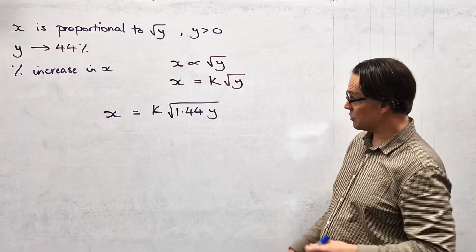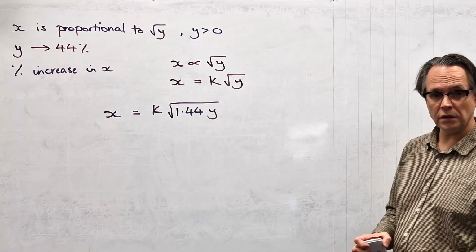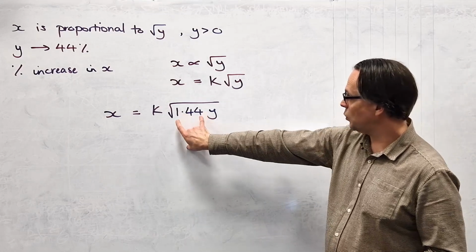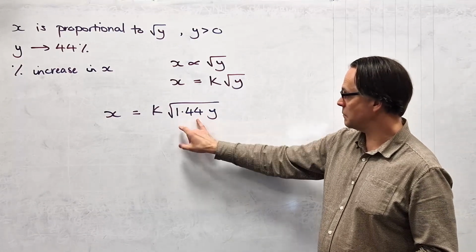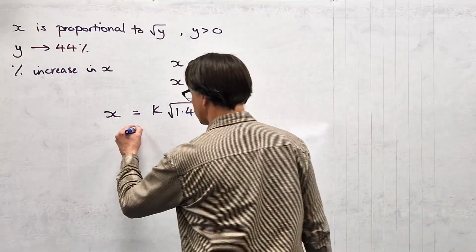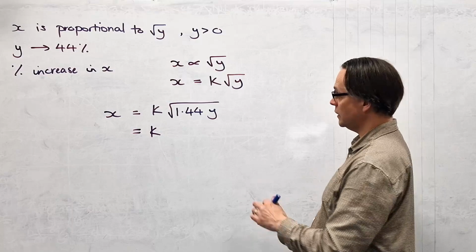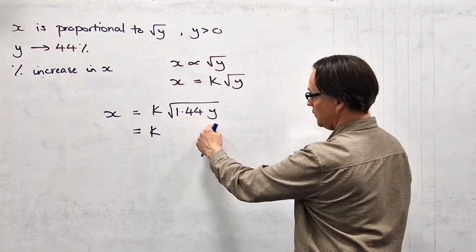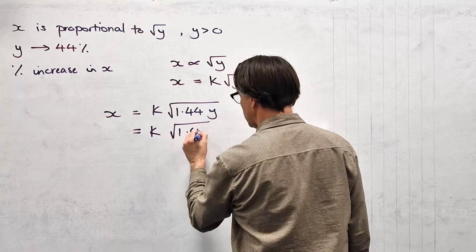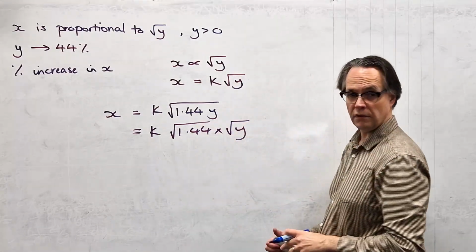Now the thing to spot straight away is that 1.44 looks like 144. And 144 is a square number, isn't it? And what I'm going to have to do is bring this number outside of the square root sign. So I'm going to use my knowledge of how square roots work. If it's the square root of 1.44 times y, that's the square root of 1.44 multiplied by the square root of y.